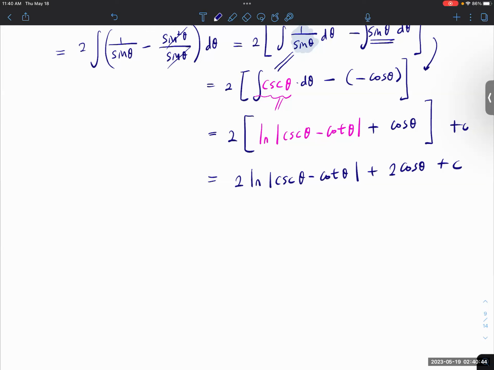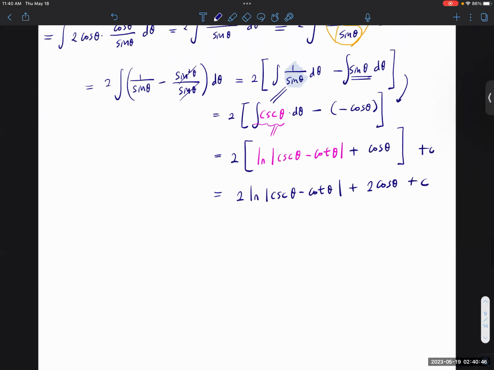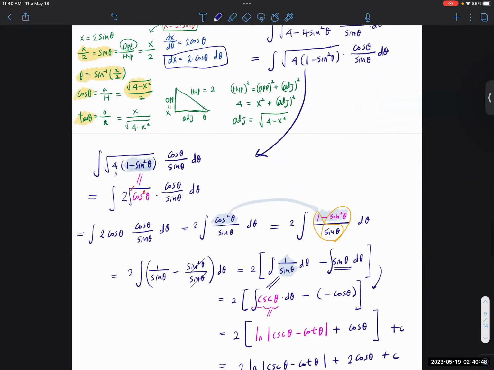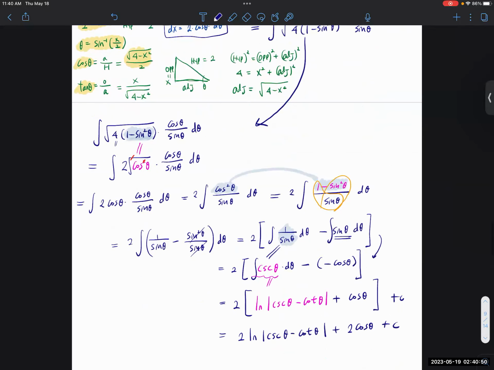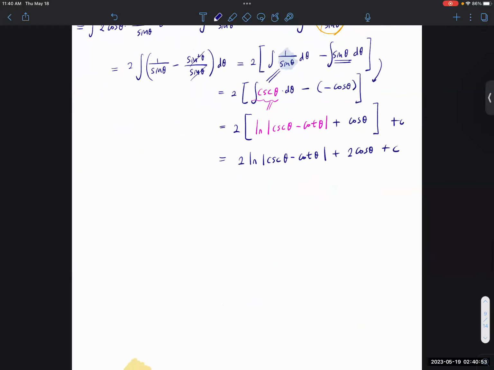We know everything. Go up a little bit. We know what the sine theta, cosine theta, tangent theta are. So if you rewrite it, sine theta was x over 2. We evaluated cosine theta was radical 4 minus x second over 2.